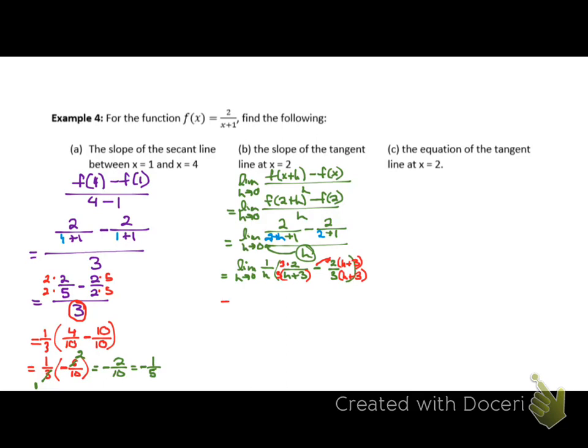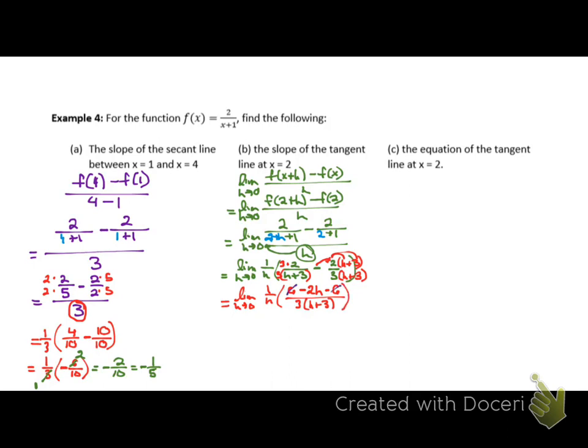Okay, so watch, we're going to have the limit as h approaches 0. We still have 1 over h, that didn't change. 3 times 2 is 6. So we have 6 minus, so I distribute the 2 to the h, but it's negative 2. So it's negative 2h, and I distribute the negative 2 to the 3, so it's minus 6 over 3 times h plus 3. Now I get to cancel.